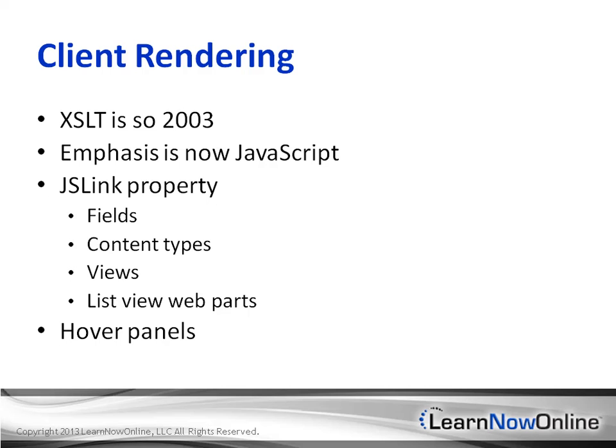The list views themselves are based on JavaScript. And the search result panels, web parts, and hover panels are all based on client rendering. All right, so let's jump over to a SharePoint site and take a look at client rendering and see what it is all about.